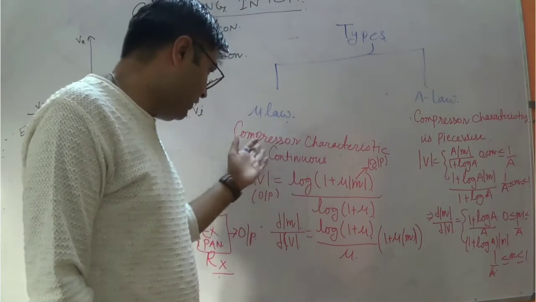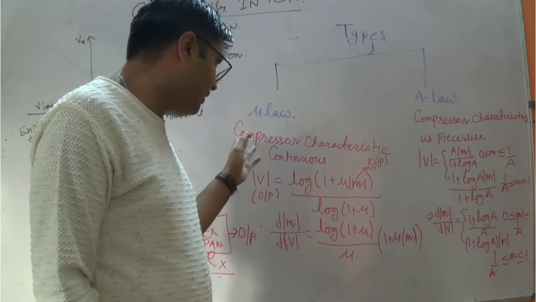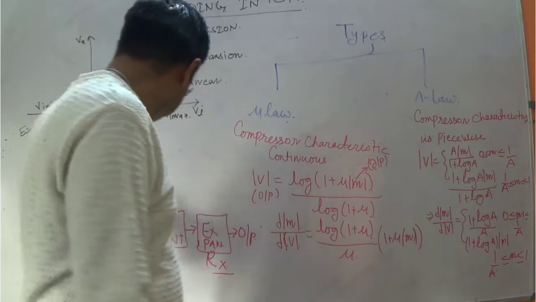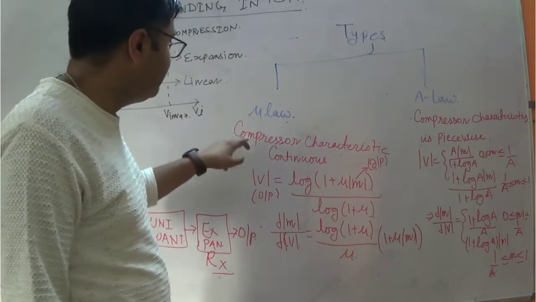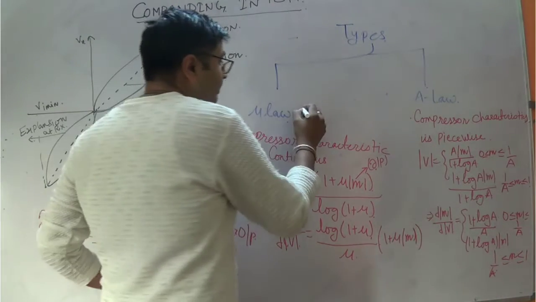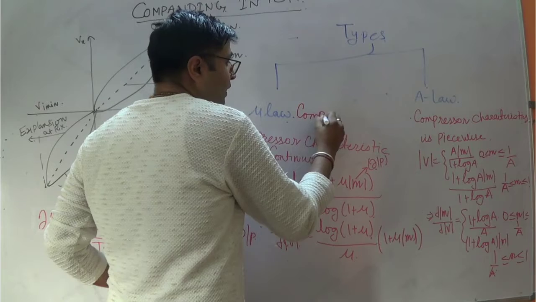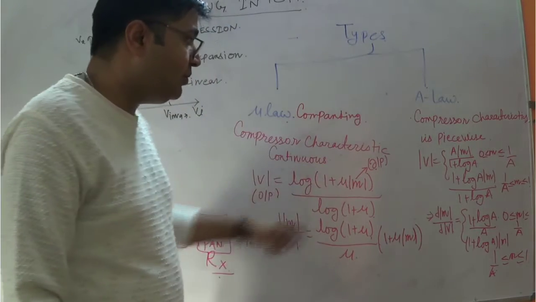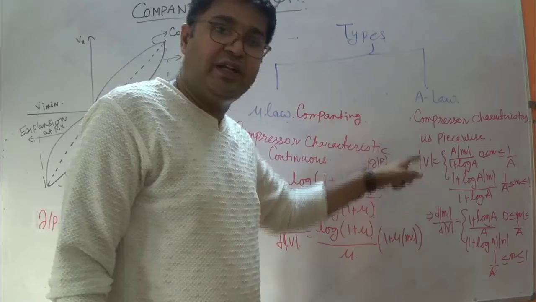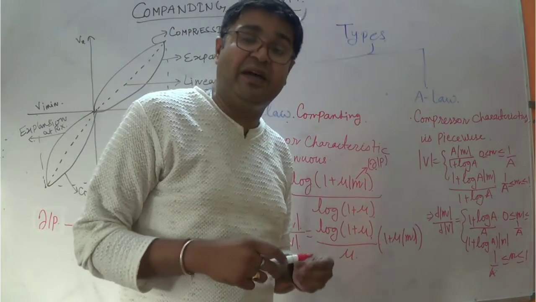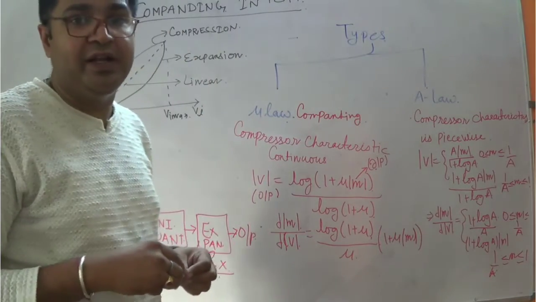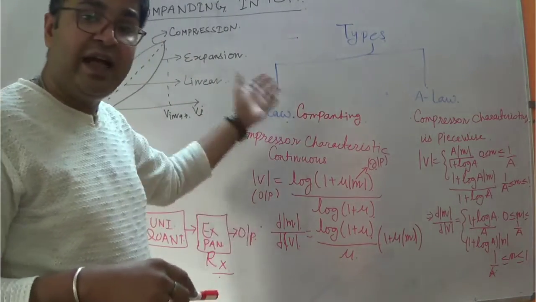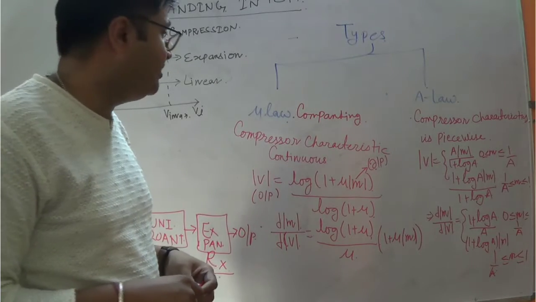So there will be a uniform compression done at the transmitter side in mu law companding, and in A law companding it will be done piecewise. There are different methods by which you can achieve this companding, this compression and expansion at the transmitter and receiver side.